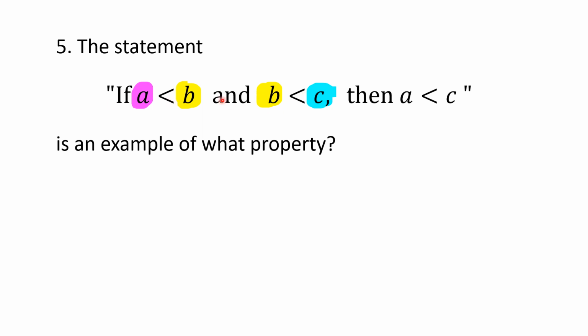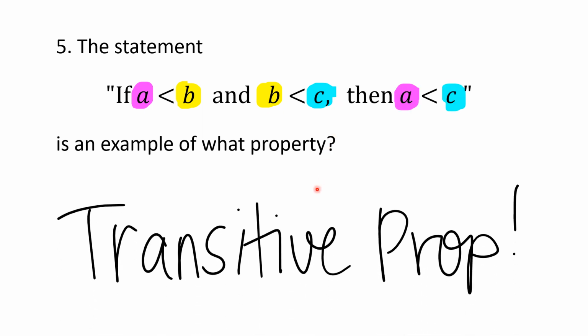So if A is less than B and B is less than C, then we can take those two inequalities, condense them down, and say A is definitely going to be smaller than C. That's an example of the transitive property again.